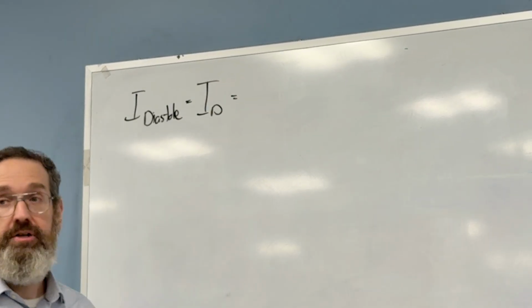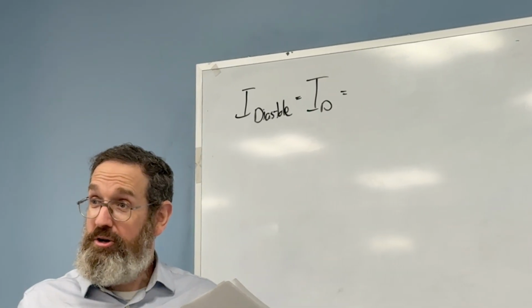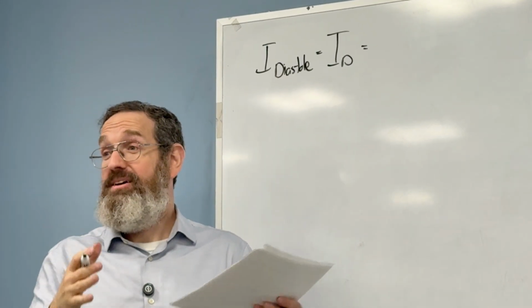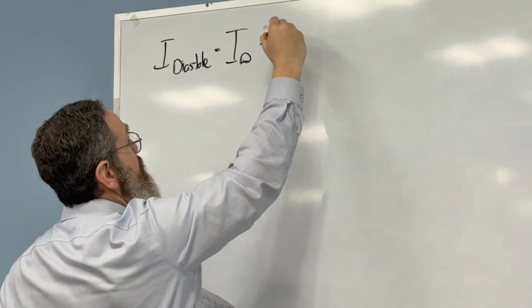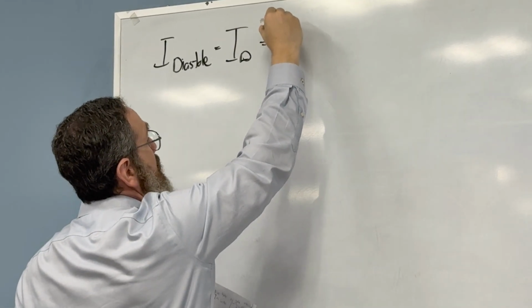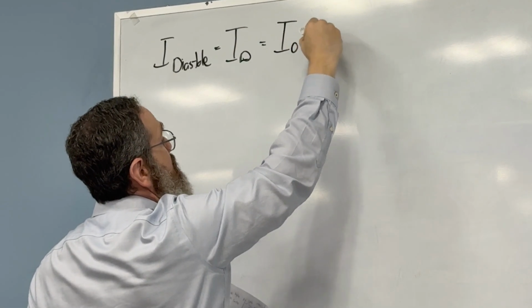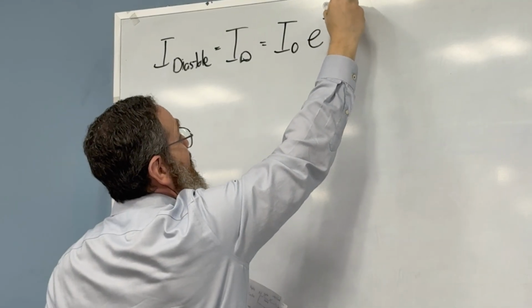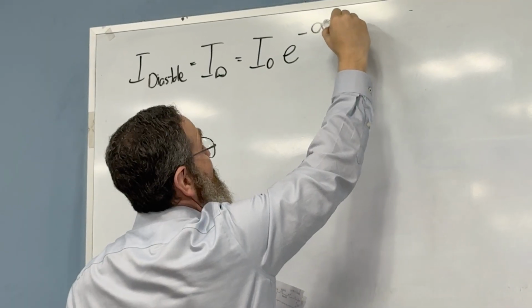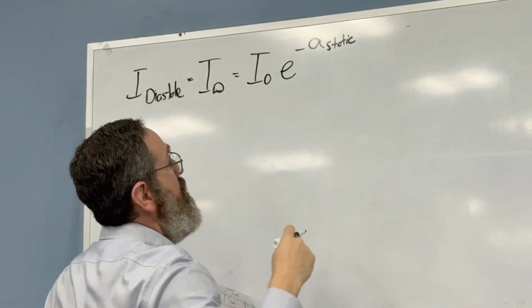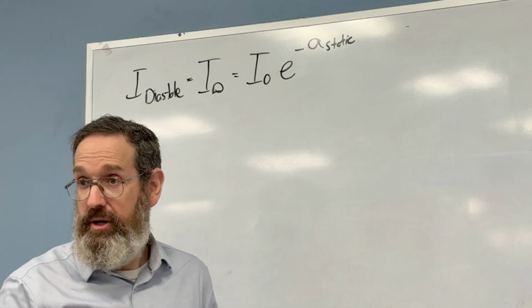Well, what equation am I going to use? I told you the only equation we were going to use for this whole thing is Beer-Lambert. So I'm just going to write I sub d, this is equal to the amount of light that comes in times e to the minus a static, meaning whatever is not changing. I'm just defining it that way, okay?